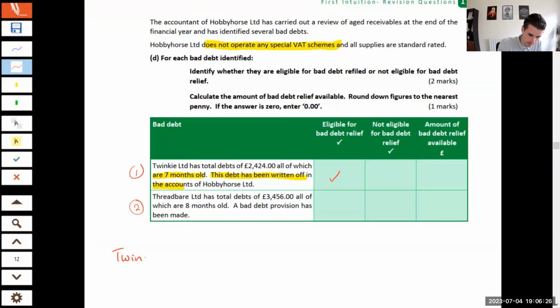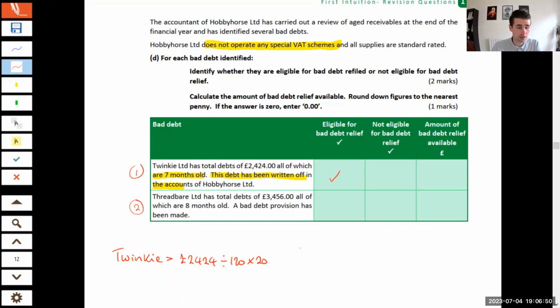So for Twinkie, total amount, £2,424. Now it says total debts, so I can assume that that is VAT inclusive. So I'm going to do divided by 120 times by 20.